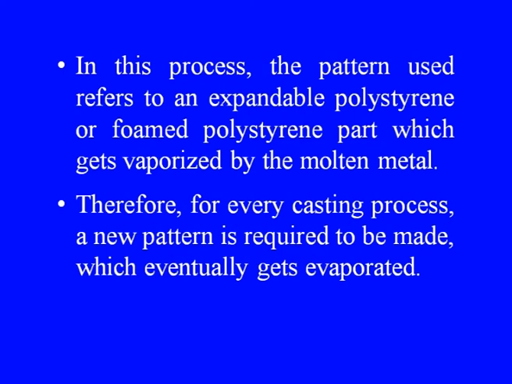In this process, the pattern used refers to an expandable polystyrene or foamed polystyrene part, which gets vaporized by the molten metal. Therefore, for every casting process, a new pattern is required to be made, which eventually gets evaporated.